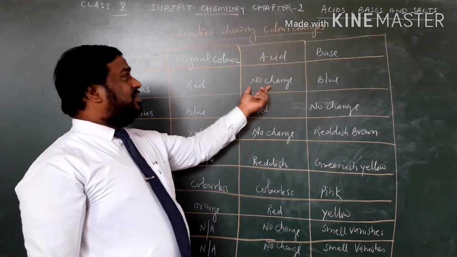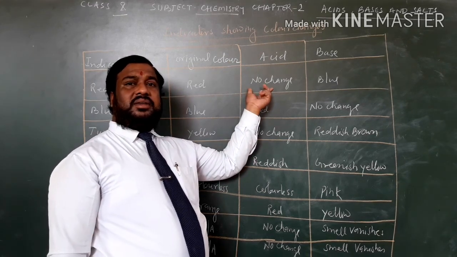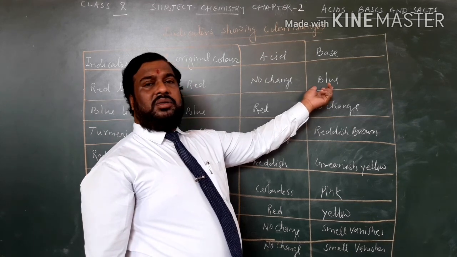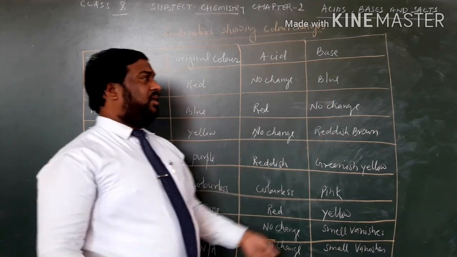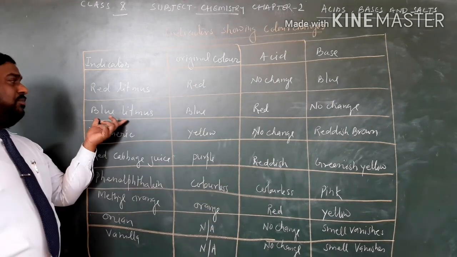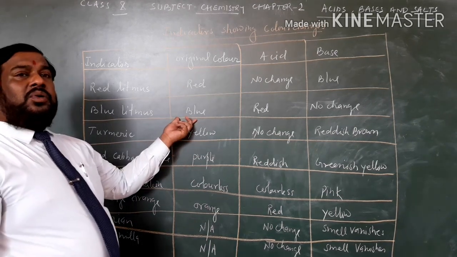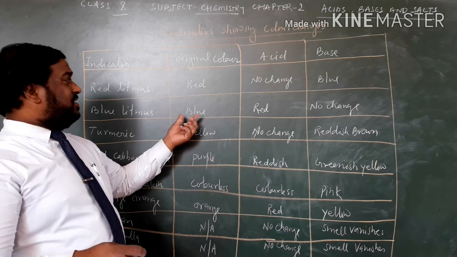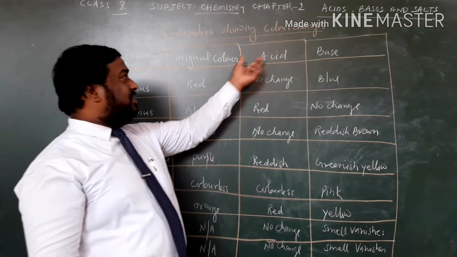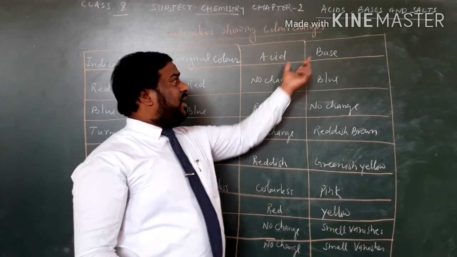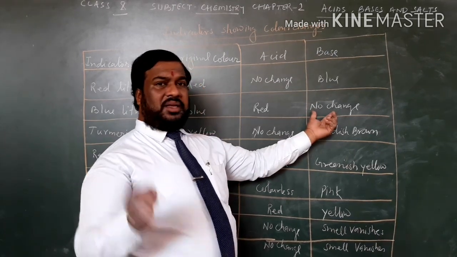In acid, no change, but in base it turns blue. Second one, blue litmus: its original color is blue, and in acid it changes into red, and in base there is no change.